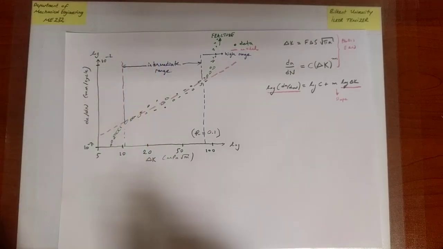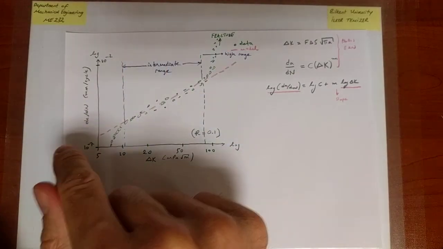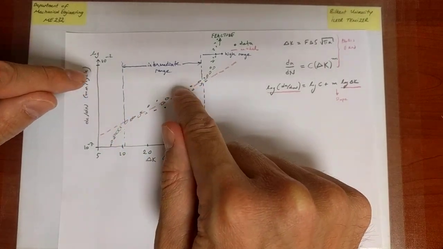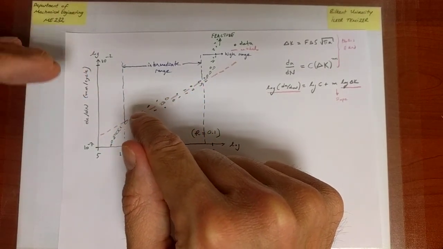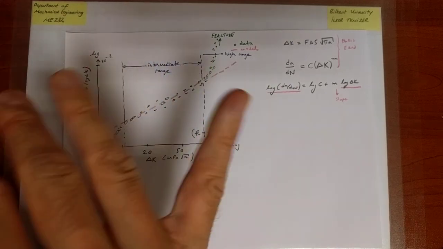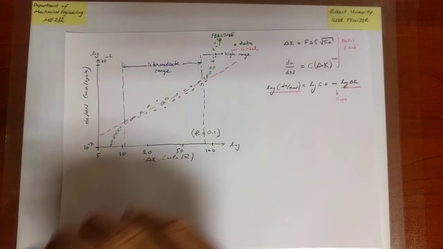It is slow, initially increasing at a certain rate. You see the rate is also increasing, but the speed with which the rate changes becomes increasingly higher, and that takes us to fracture when the material eventually fails. So that's the high range.